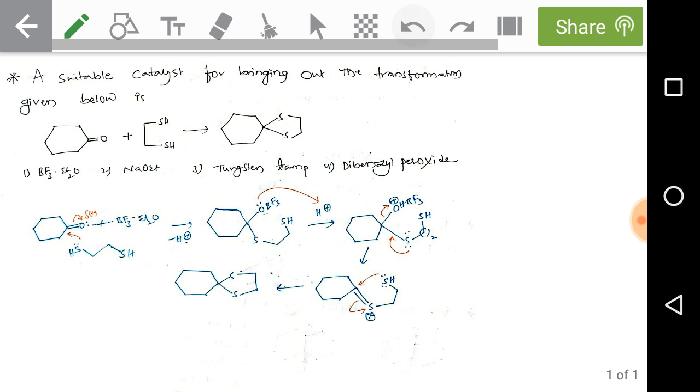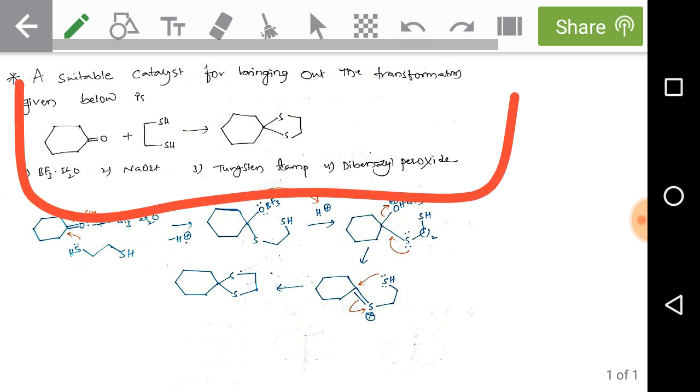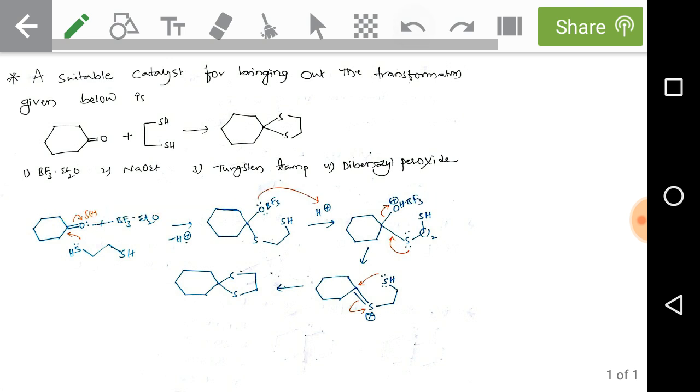Okay, right. Next question. A suitable catalyst for bringing out the transformation given below is. Whenever the given carbonyl group is going to attack BF3, here BF3 is a Lewis acid which is ready to accept an electron pair. Just follow the arrows here, and we can produce the given transformation. So the first option is the best catalyst for the transformation.